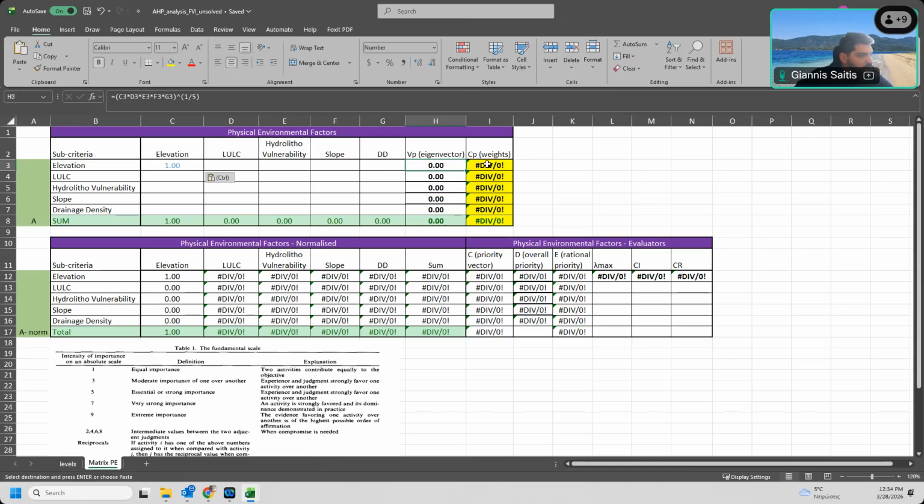So the weights here are the division between each row's eigenvector to the total sum of the eigenvectors. The eigenvector, VP, is the multiplication of the values in a row.